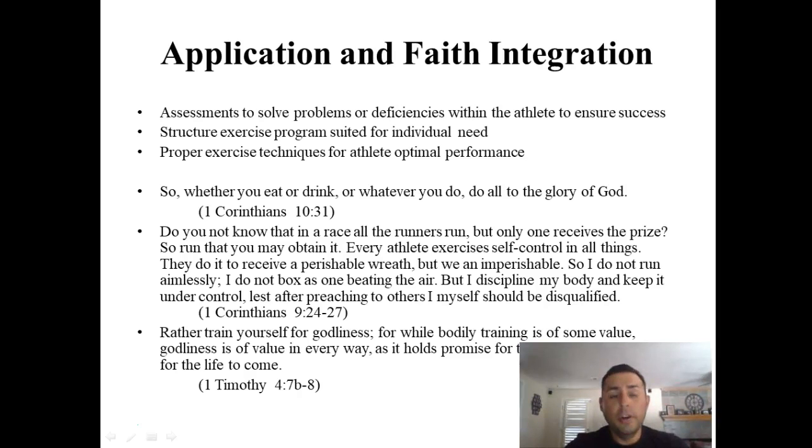What I learned from this class and my professor is how to assess and solve problems or deficiencies within my athletes to ensure success. I've always had difficulty dictating what's good, what's not. I know a little, but after I did the assessments, I got an understanding of how to solve problems.